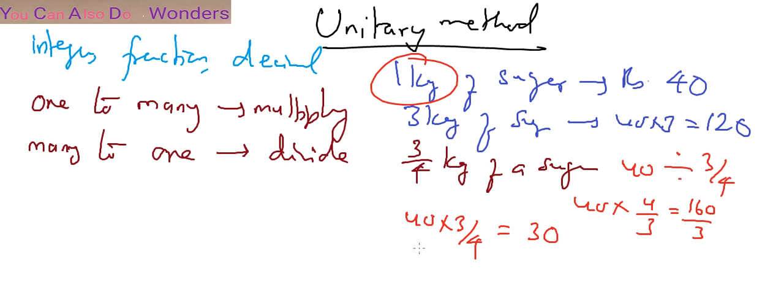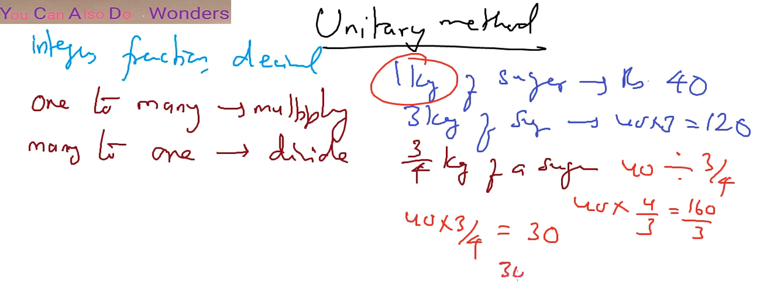Similarly, suppose 3/4 kg of sugar is 30 rupees. What is the cost of 1 kg of sugar? You know many to 1 divide, but here less than 1 to 1, what to do? Should we multiply?